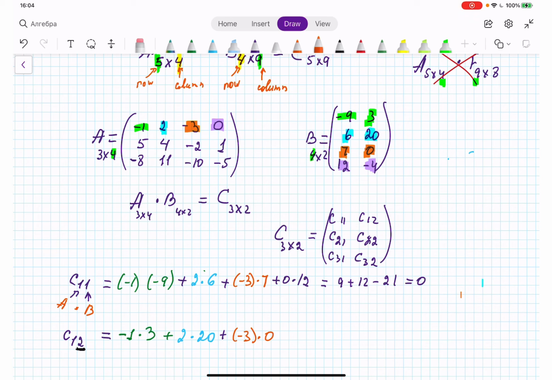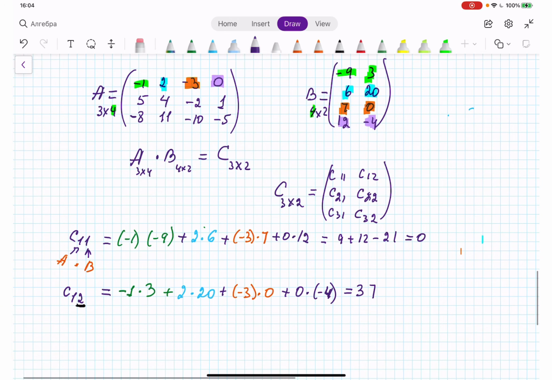And lastly, I'm using purple because we have 0 times -4. If you add this all together, we are getting 37. Okay, so this is C12.